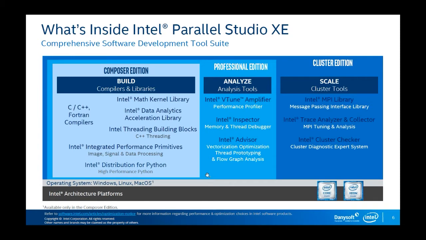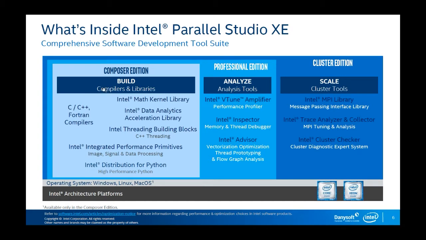Well, in this slide, I try to show an image of the main versions of the Intel Parallel Studio. It includes the basic edition called Composer Edition, which is focused on building an application.